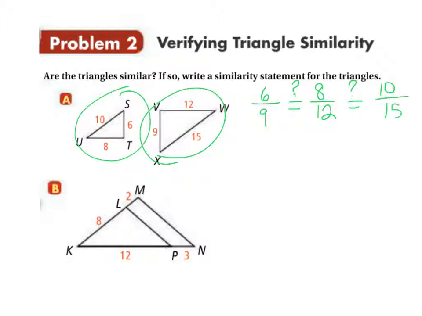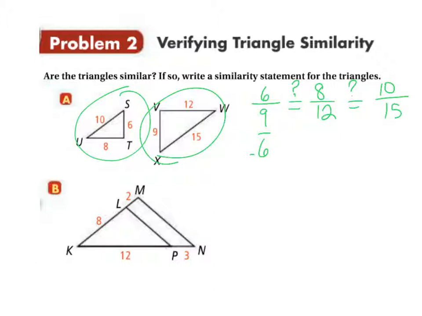And now what I do is I check each one of those ratios. Sometimes they're nice fractions. These actually are really nice fractions that can reduce, but they're not always. So I'll show you, probably I would just do a decimal on it. I would just do 6 divided by 9. That is 0.6 repeating. Now I'm going to check each one of these fractions. What's 8 divided by 12?